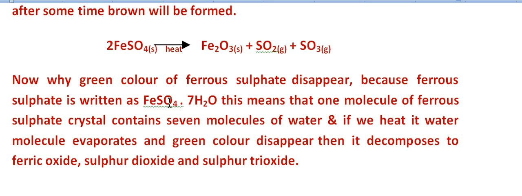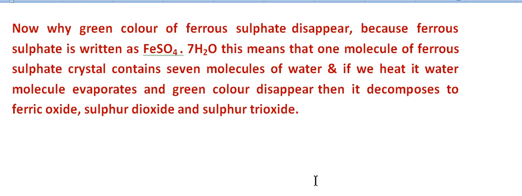And if we heat this crystal, the water molecules will evaporate and the green color of the crystal will disappear. And if we heat further, then the ferrous sulfate will burn and the brown ferric oxide will be obtained along with sulfur dioxide and sulfur trioxide.